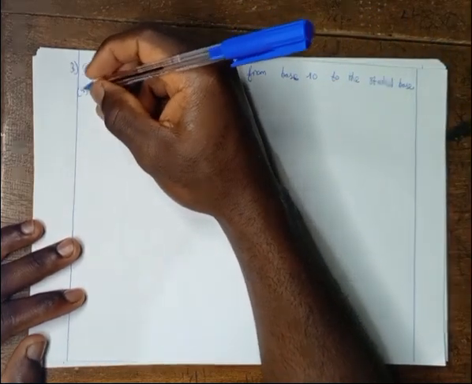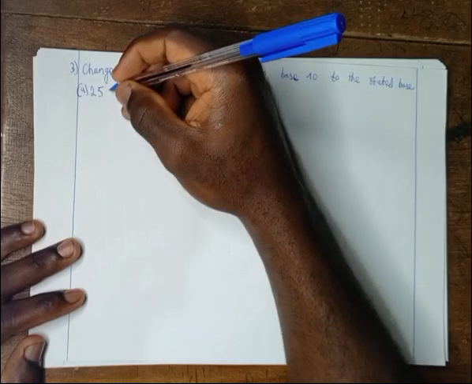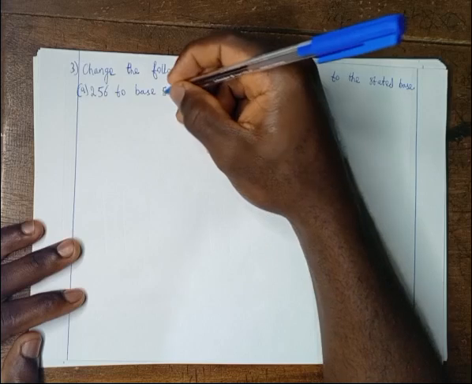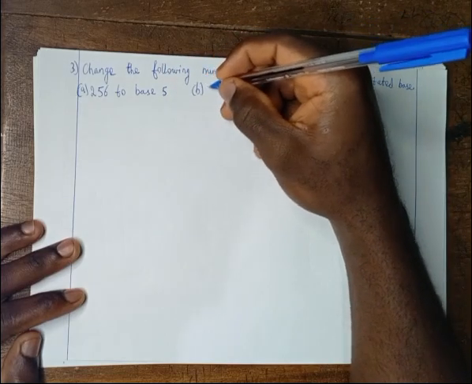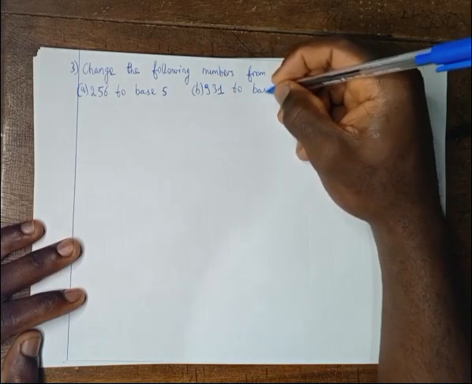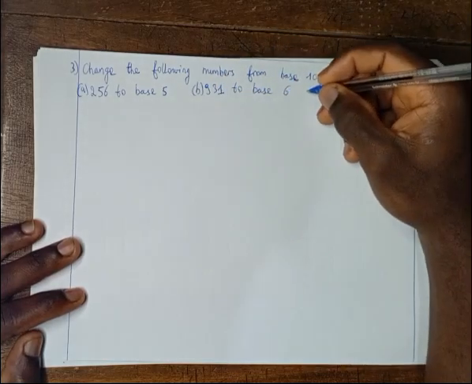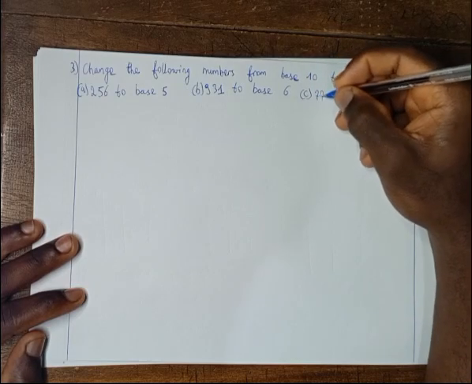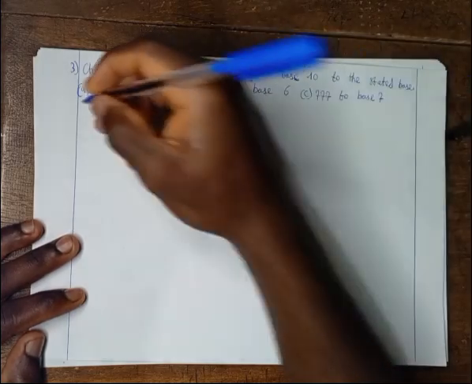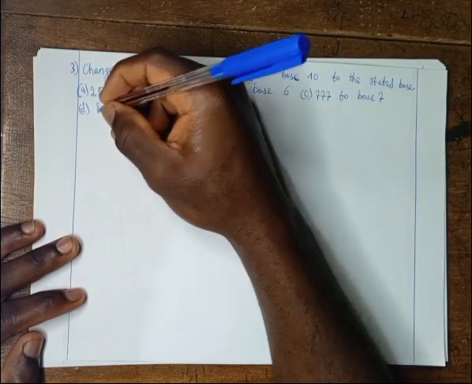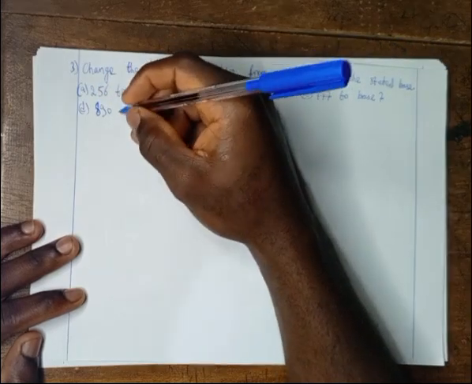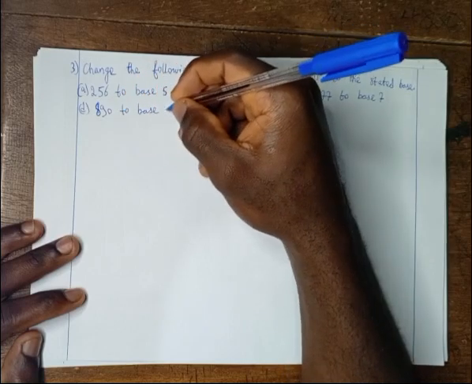Here we have the number 256 to base 5. Here we have the number 931 to base 6. For C we have the number 777 to base, let's take base 7. Lastly for D, number 890 to base 8.